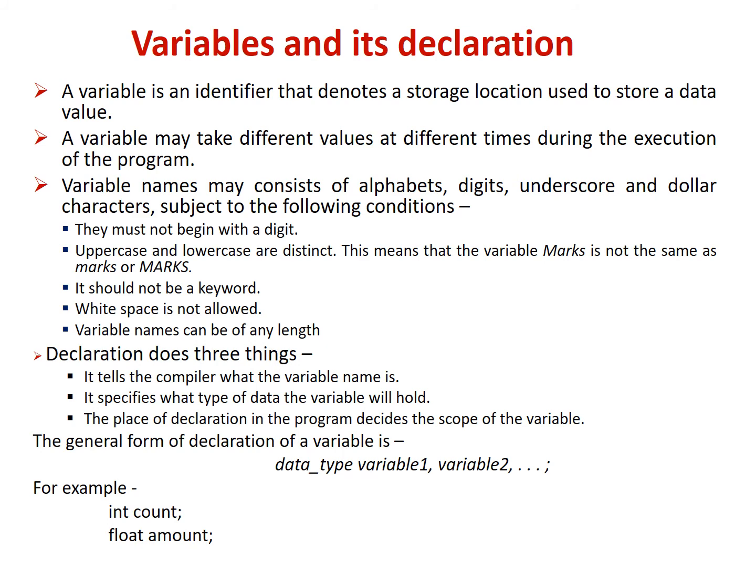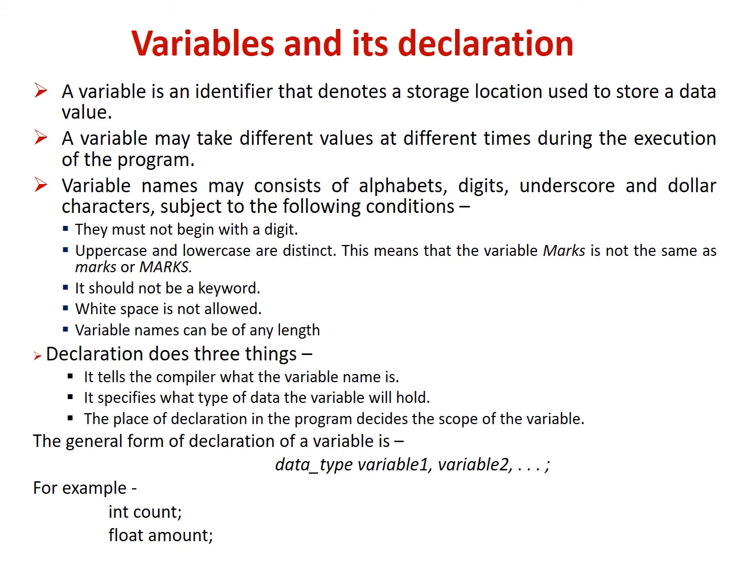Variable names may consist of alphabets, digits, underscore, and dollar characters subject to the conditions as they must not begin with a digit. Uppercase and lowercase letters are distinct. It should not be a keyword. Whitespace is not allowed. And the last, variable names can be of any length.